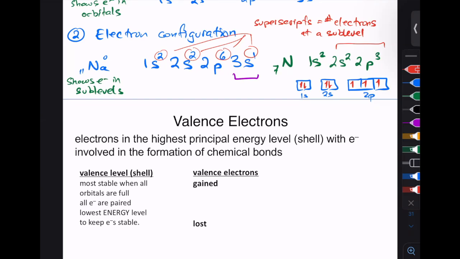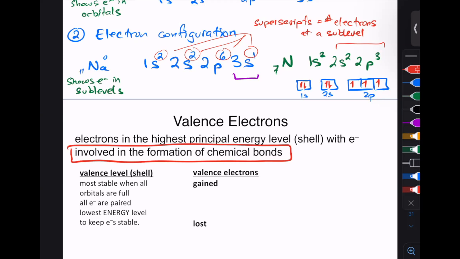And the reason that we focus so much on valence electrons is because of this other statement right here. In all of the chemical reactions that we're going to be studying, it's only the valence electrons that are involved.